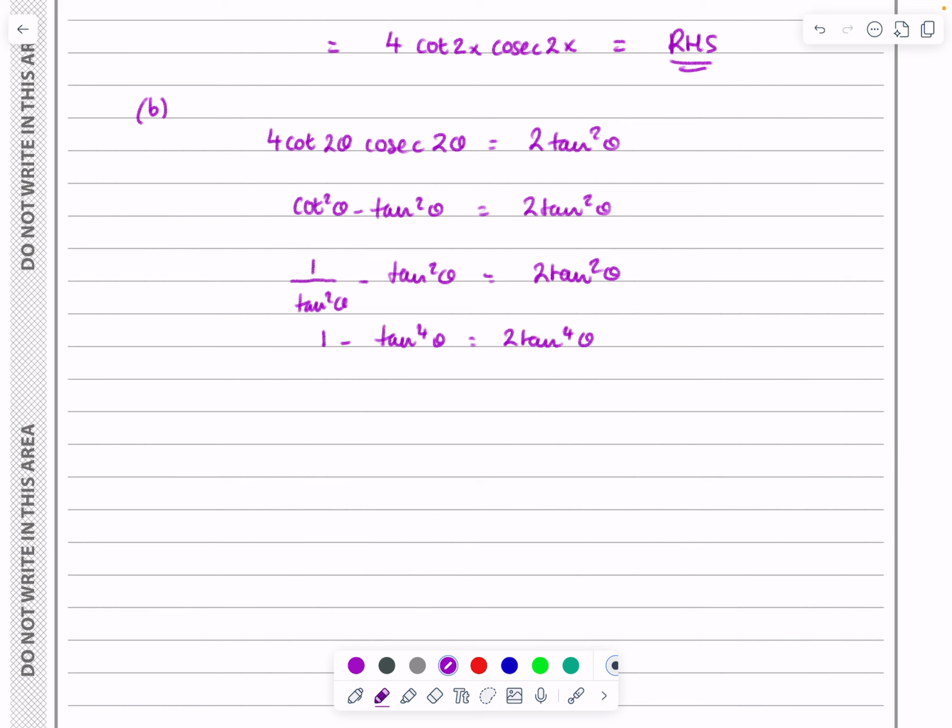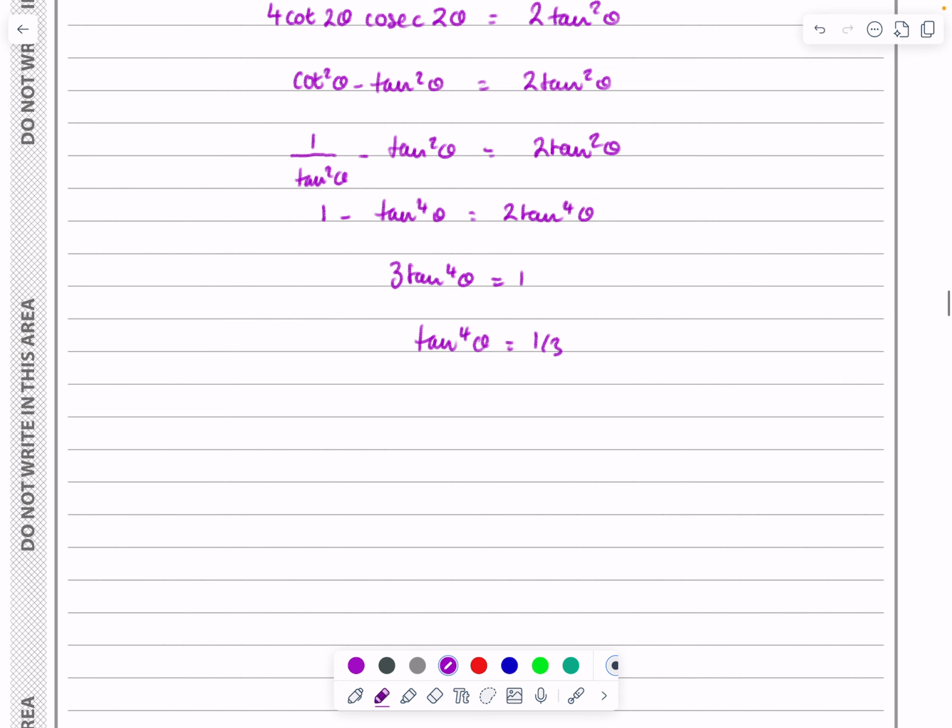Take that tan to the 4 over, I'm going to get 3 tan to the 4 is equal to 1, so I'm going to get tan to the 4 theta is equal to 1/3, which means tan theta is going to be the 4th root of 1/3, or 1/3 to the power of 1/4.